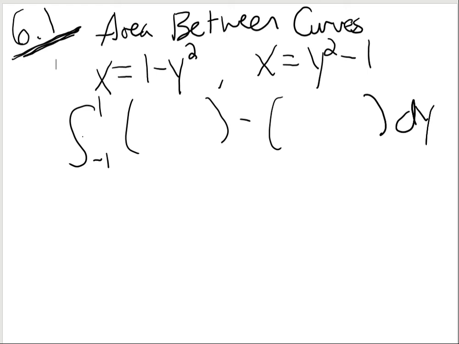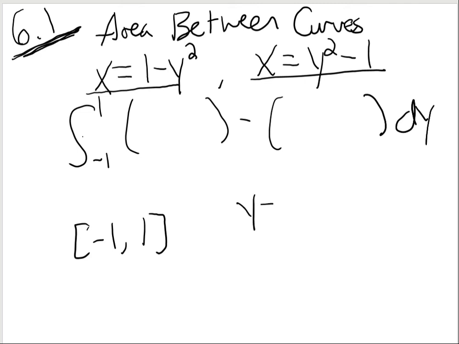So we want to think which one lies farther to the right. Now when thinking about this, I want to think on the interval negative 1, 1, if I flip the x and the y's, if I took y equals 1 minus x squared and y equals x squared minus 1, and I graph those on my graphing calculator, which one lies on the top and which one lies on the bottom?